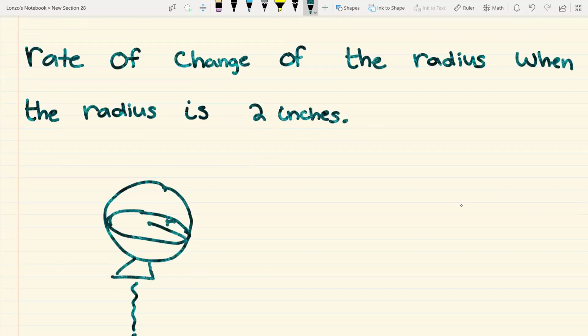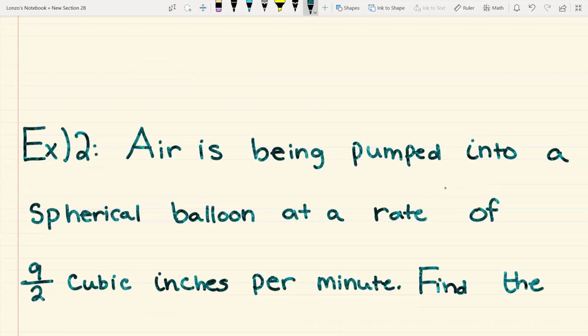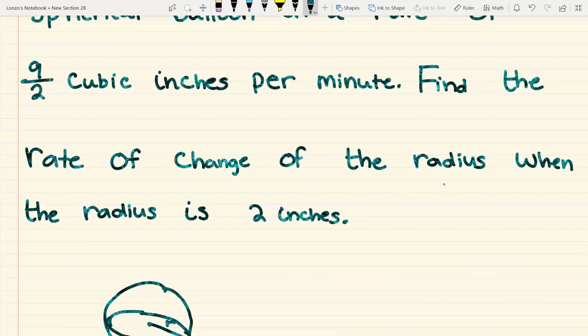Let's write down everything we know about this word problem. Air is being pumped into a spherical balloon at a rate of 9/2 cubic inches per minute. So that is our speed.